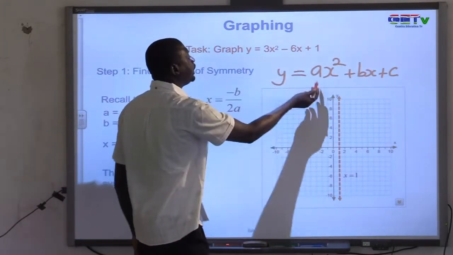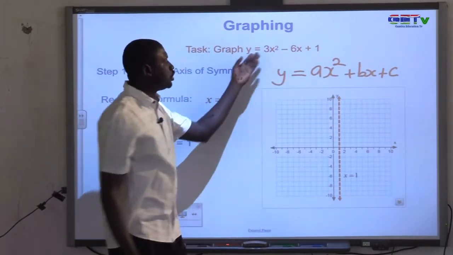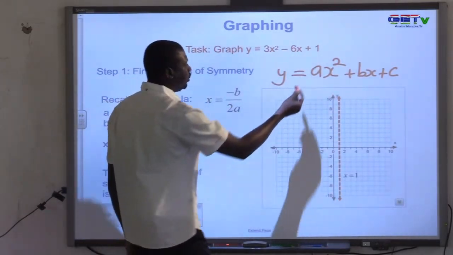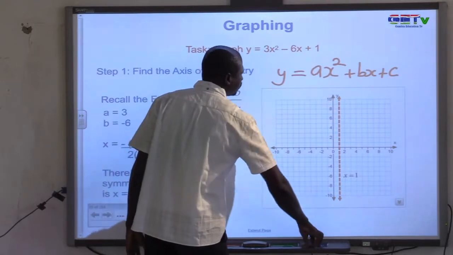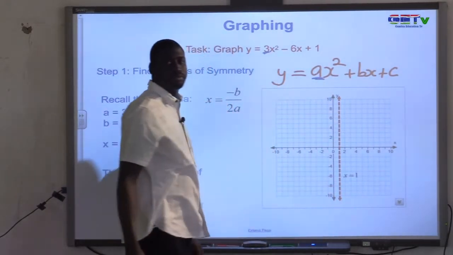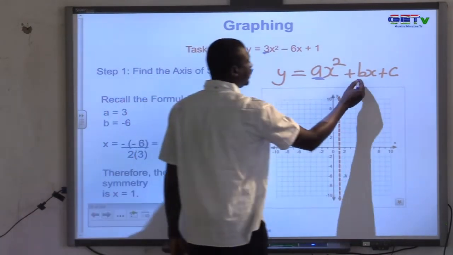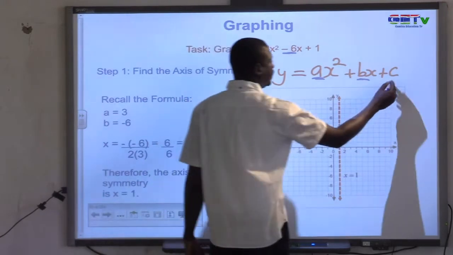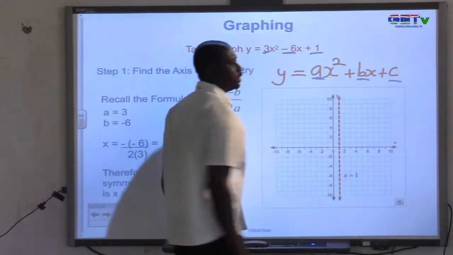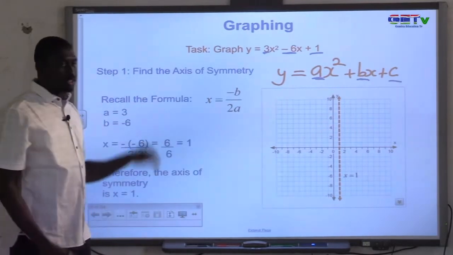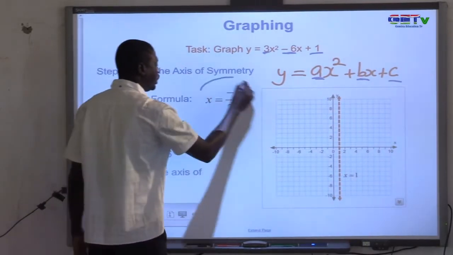And if you compare the function given and this, you will see similarities. The value for a there, our a is 3. The value for our b is negative 6. And that of c is positive 1 there. So to find the axis of symmetry, we're going to use this formula.